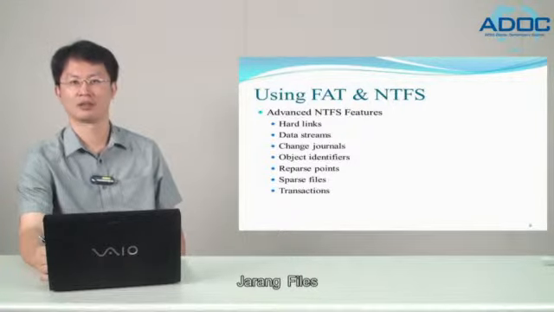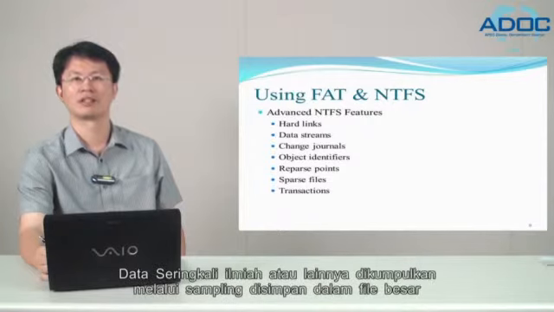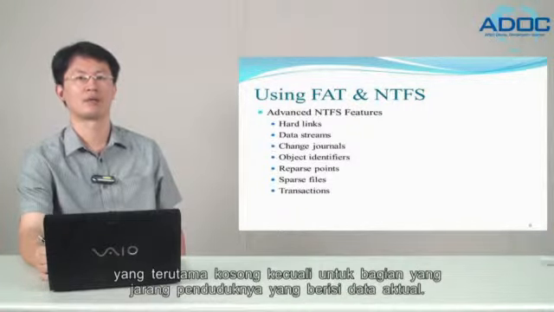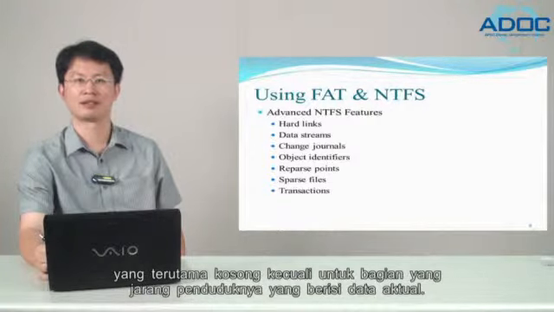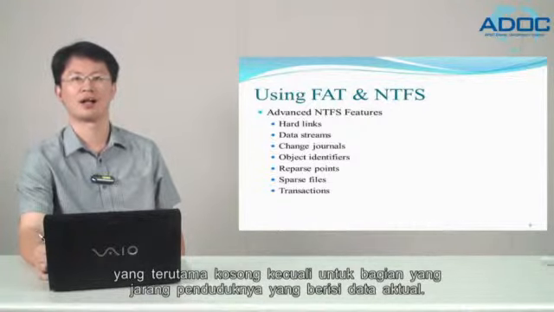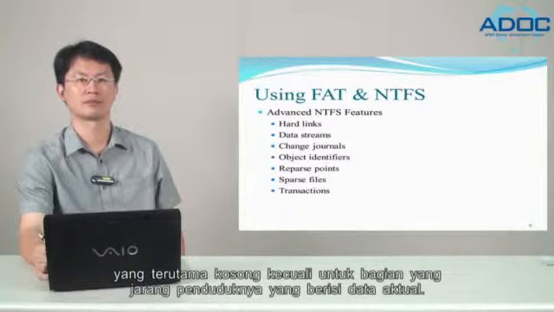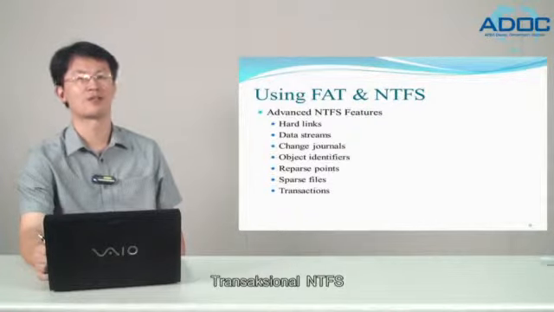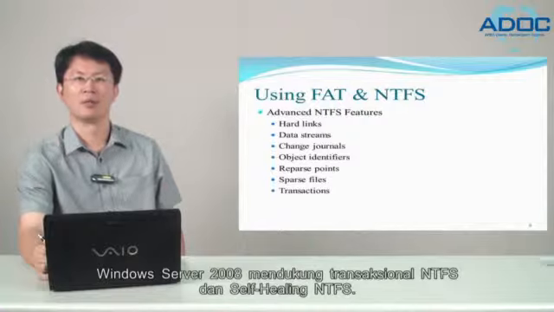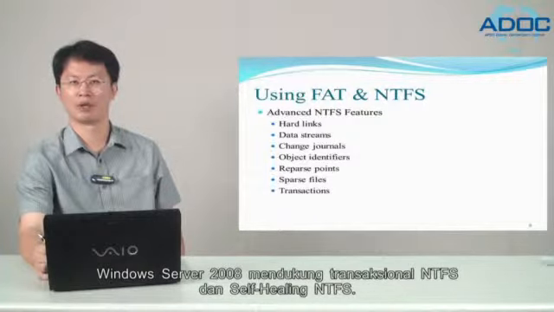And sparse files. Often scientific or other data collected through sampling is stored in large files that are primarily empty except for sparsely populated sections that contain the actual data. Transactional NTFS. Windows Server 2008 supports transactional NTFS and self-healing NTFS.